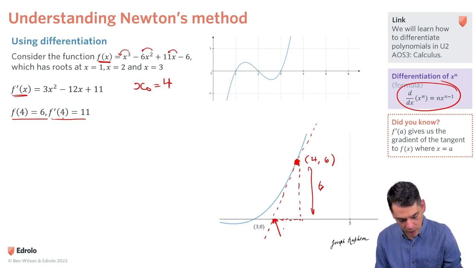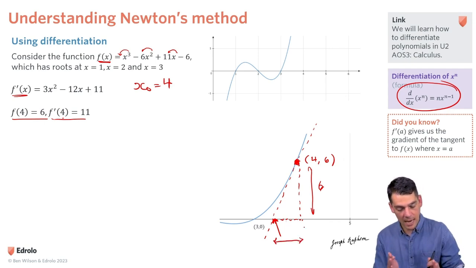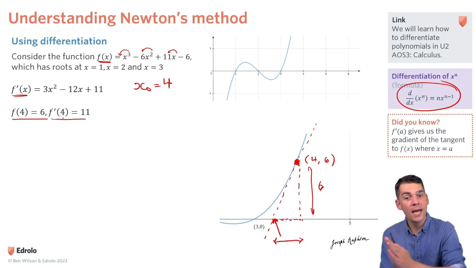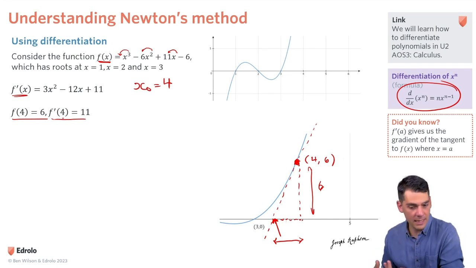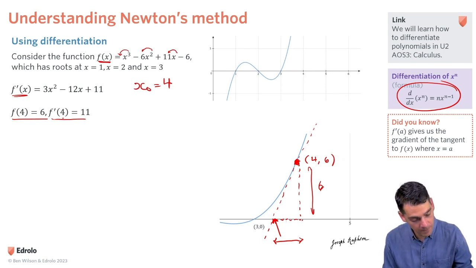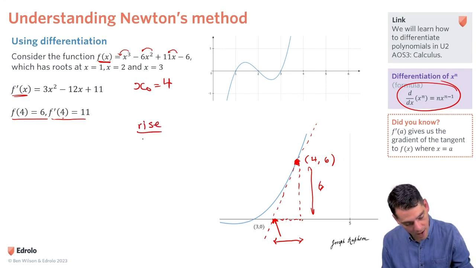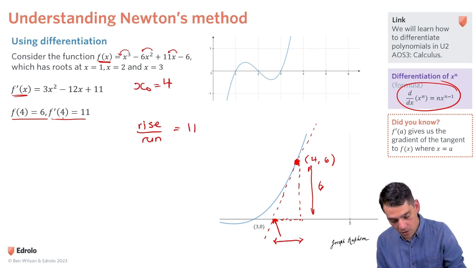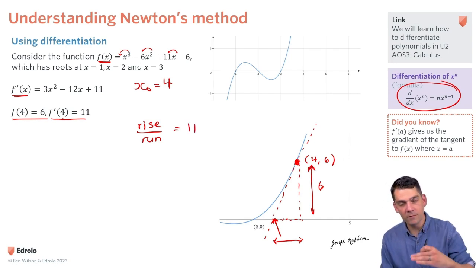It would be really helpful if I knew this distance here, because then I could just take the x coordinate, which is 4, and subtract that distance. So that's actually what I'm going to do. Remember that the gradient of the dotted line was 11. So that would mean that the rise over run is equal to 11. The other thing I know is that the rise is 6.